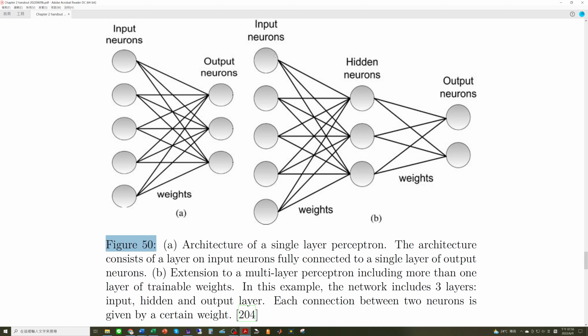And there are many edges between them. Again, they are fully connected. Each edge has its weight.